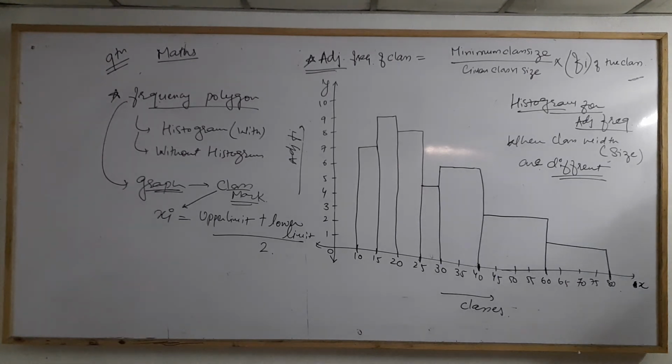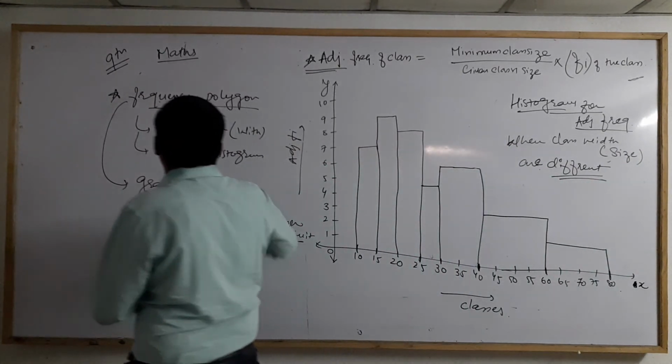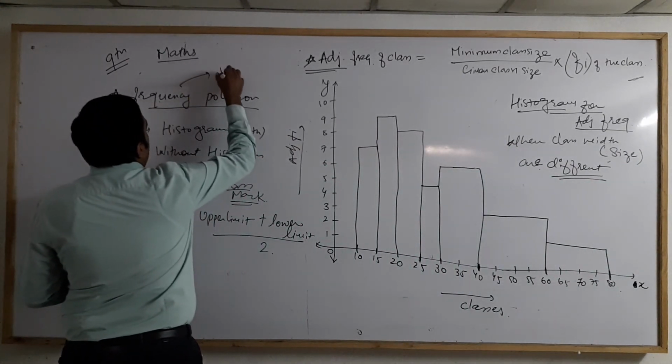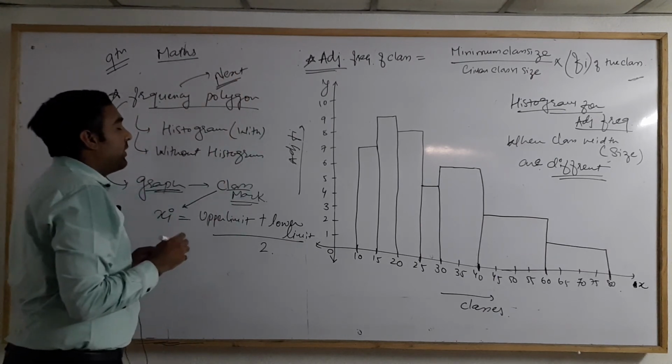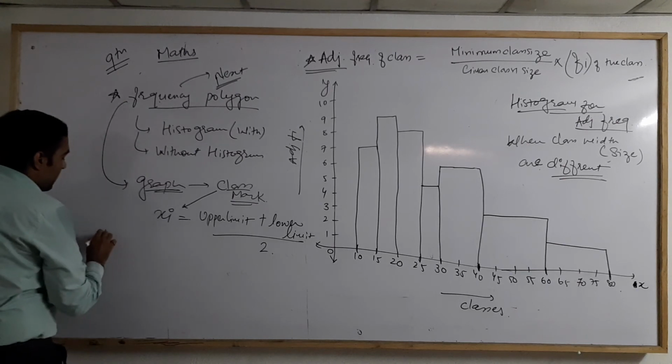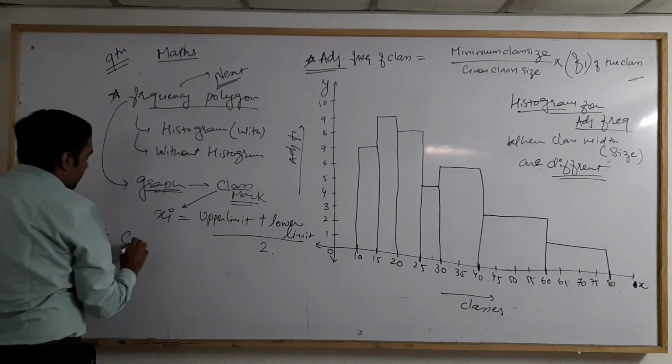So now we can move to the frequency polygon in the next lecture. And there is one more thing for this chapter, that is central tendency.